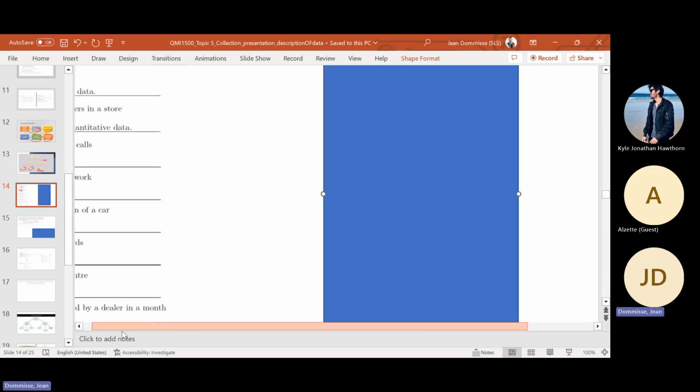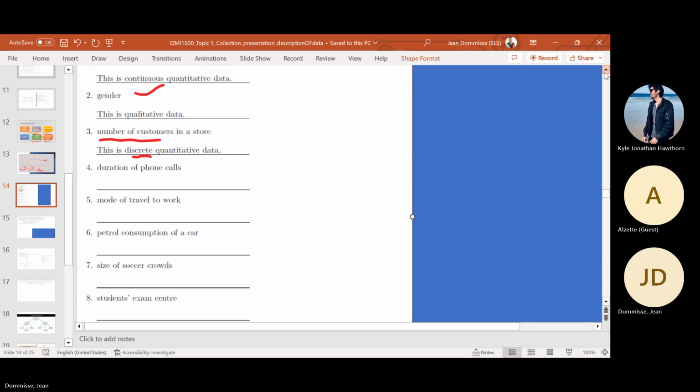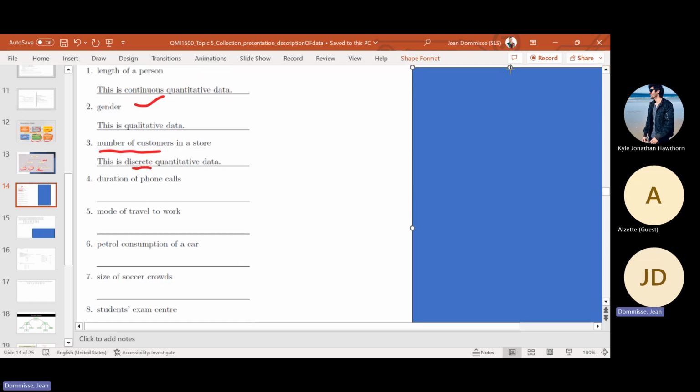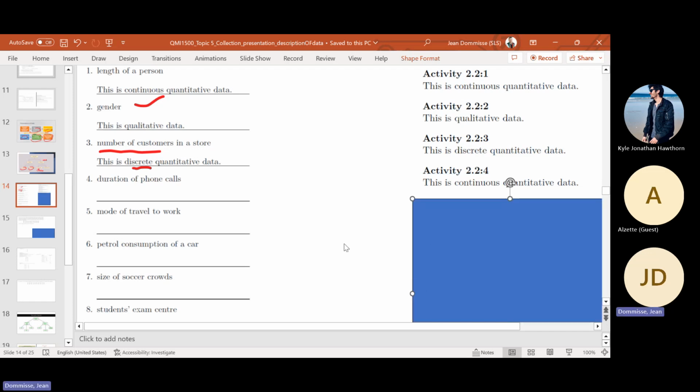Okay, with that argument of mine, I would also think it's continuous. So it is continuous.